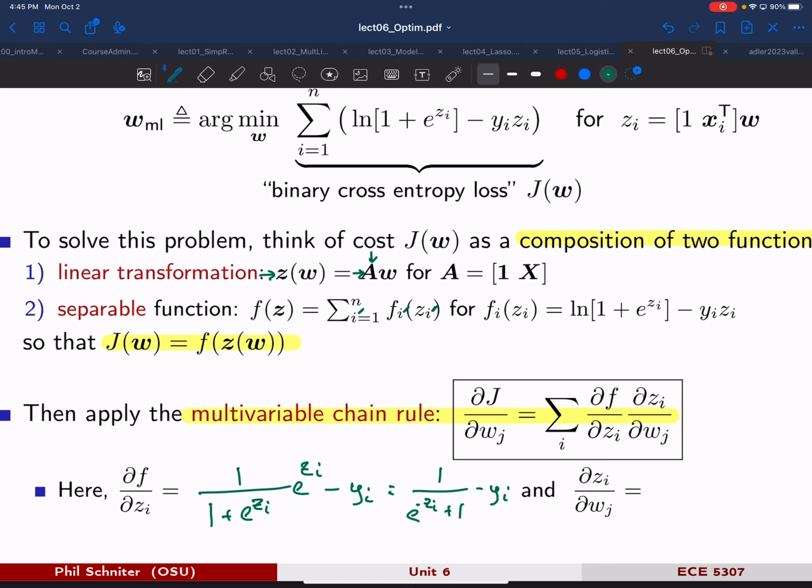So at the end of the day, hopefully you can see that this involves only one term in this A matrix. So what is dzi dwj? A sub ij. Okay, like that.